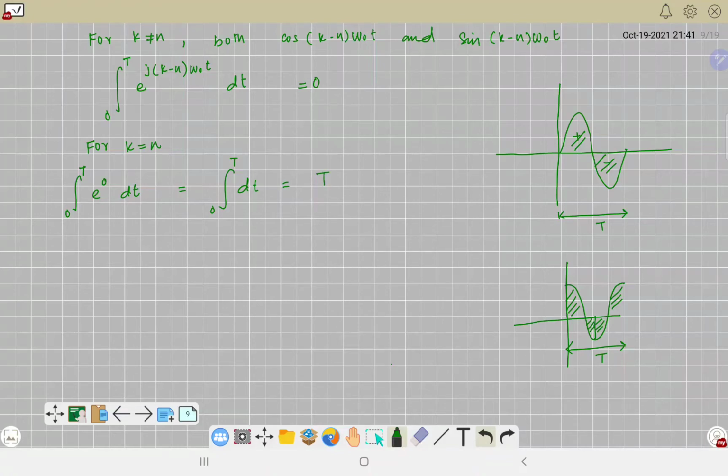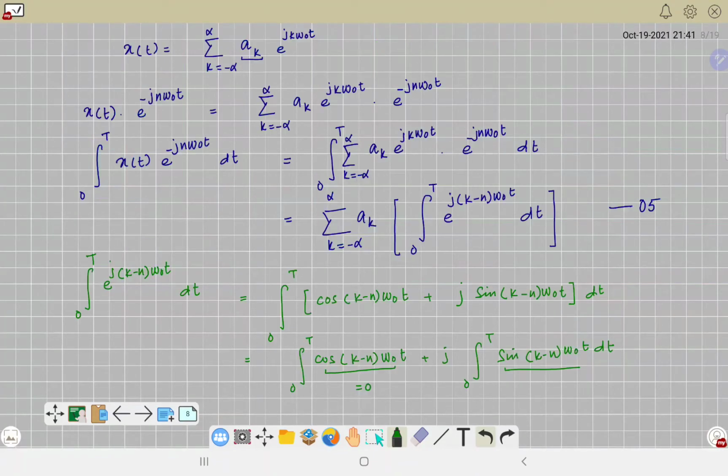So we have basically two values for this integral. It will either have a value of T for k equivalent to n, or it will be 0 for k not equivalent to n.